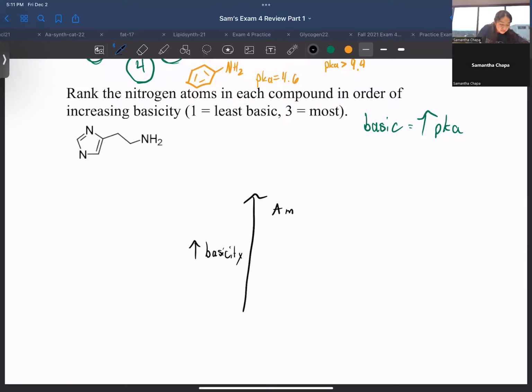Increasing basicity, the most basic one that I'm going to have is, let's see, alkylamines, are usually your more basic ones. And I'm going to put ammonia.